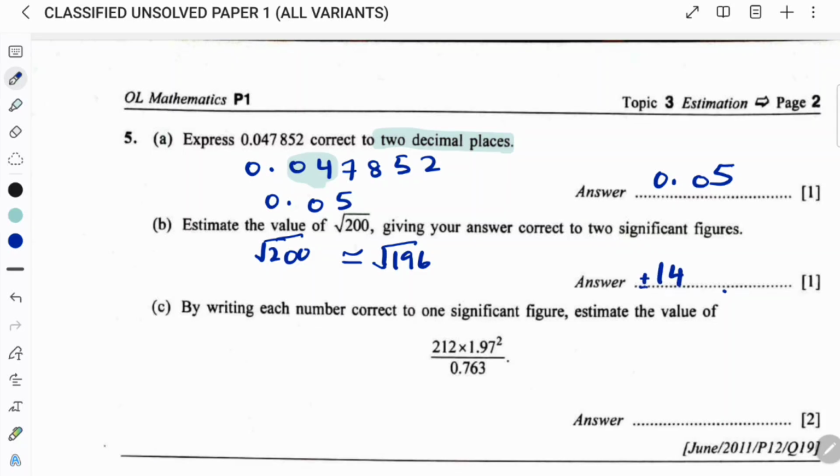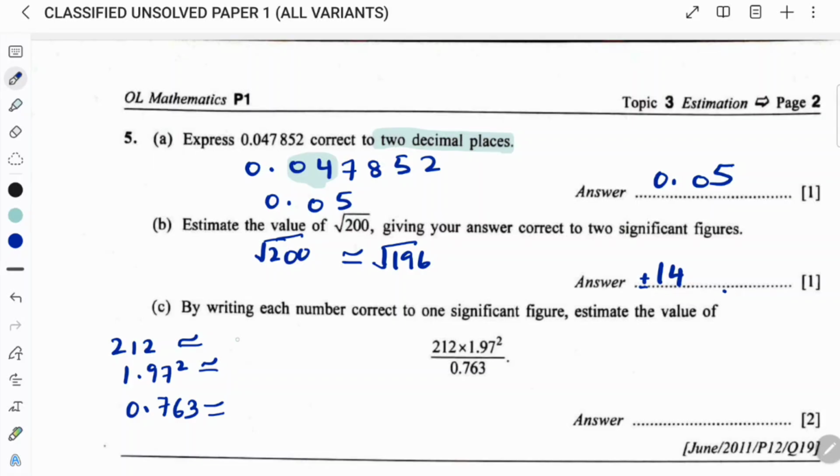Alright, so by writing down each number correct to one significant figure, estimate the value of 212 times 1.97 squared divided by 0.763. All of them we are going to round off to one significant figure.